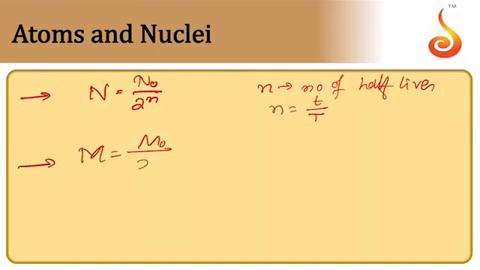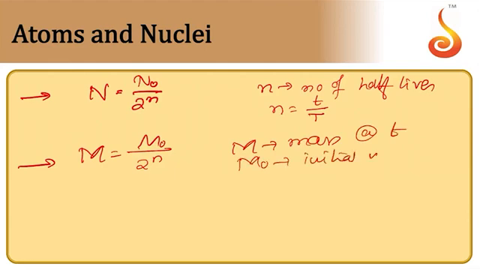M is equal to M naught divided by 2 to the power of n, where M is the mass at time t, M naught is the initial mass. Likewise, activity can also be written in this form, A naught divided by 2 to the power of n, where the small n refers to time divided by half-life.